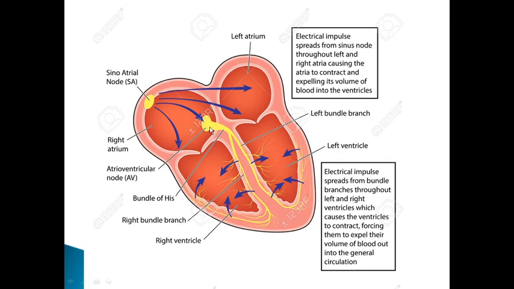And the impulse will spread rapidly through special fibers, called His fibers, from the interventricular septum to the walls of both ventricles, in order to stimulate the ventricles to contract. This will allow the contraction of the ventricles to pump the blood. So this is the mechanism of heartbeat.